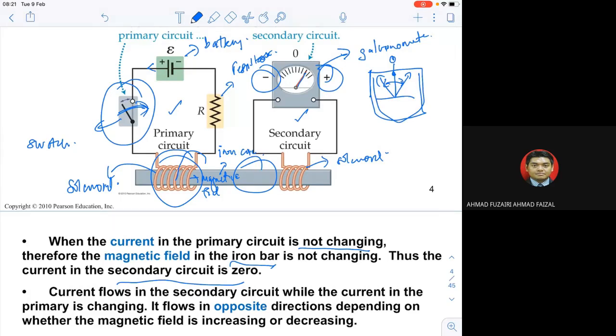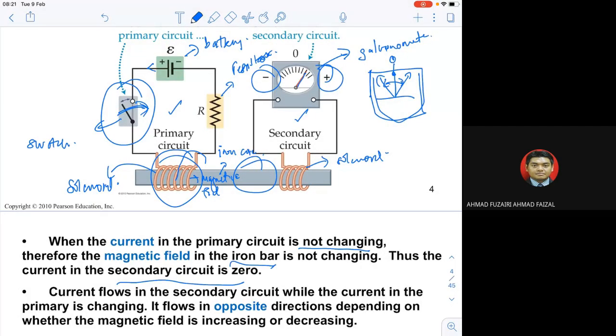So at that time you have current, but when you just leave your primary circuit like that, that means just closing the circuit in the primary circuit, yes, there is current in the primary circuit, but it cannot transfer the magnetic field.